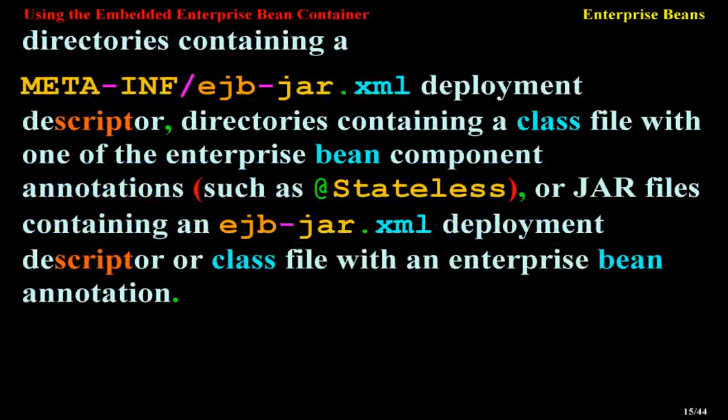These are directories containing a META-INF/ejb-jar.xml deployment descriptor, directories containing a class file with one of the Enterprise Bean component annotations such as @Stateless, or jar files containing an ejb-jar.xml deployment descriptor or class file with an Enterprise Bean annotation.